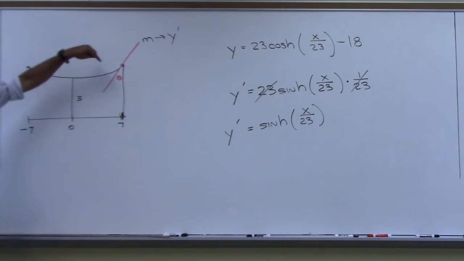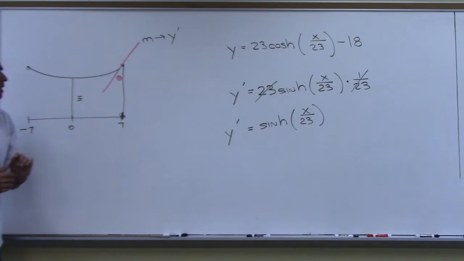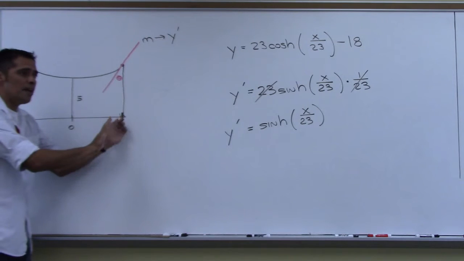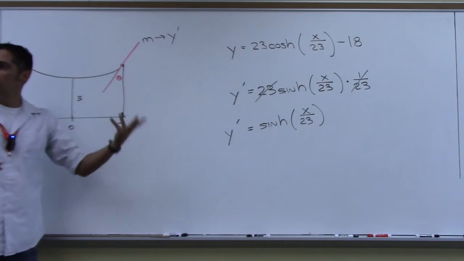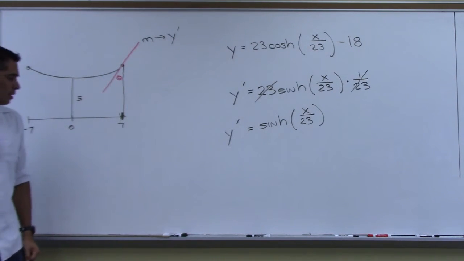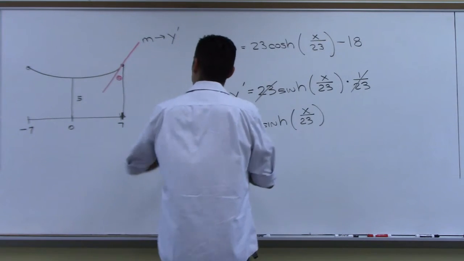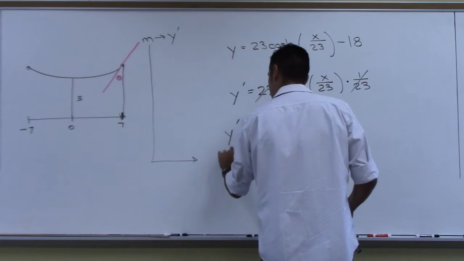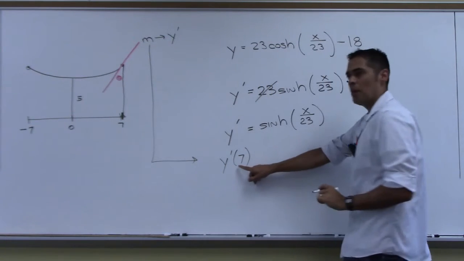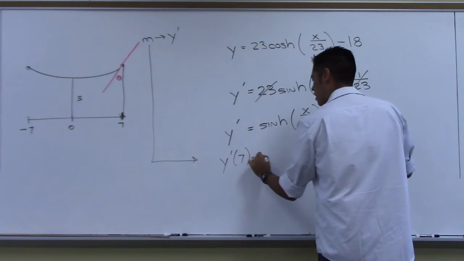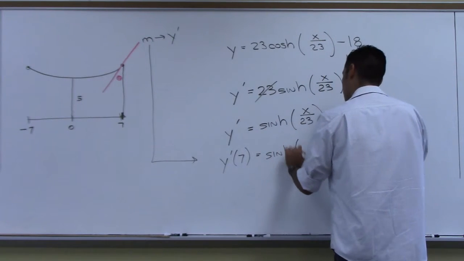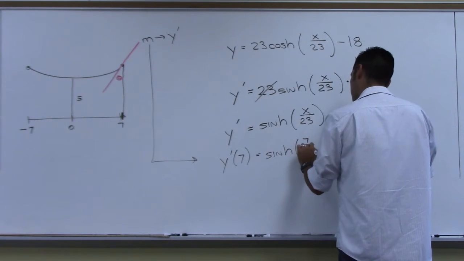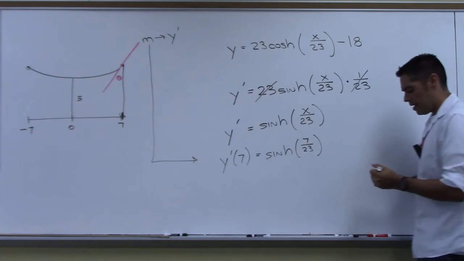So now we want to know what's happening at that point, which means that our x is 7. If we move out here to 7, we plug 7 into that, then we know the slope, don't we? So this slope will be equal to this derivative at 7, replacing the x here with 7, which is the hyperbolic sine of 7 over 23.